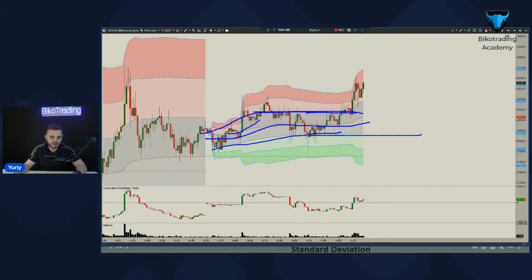VWAP shows the fair value price, the price at which people are trading during the session. And it is not only trading for the session, it shows where most of the volume has already traded.